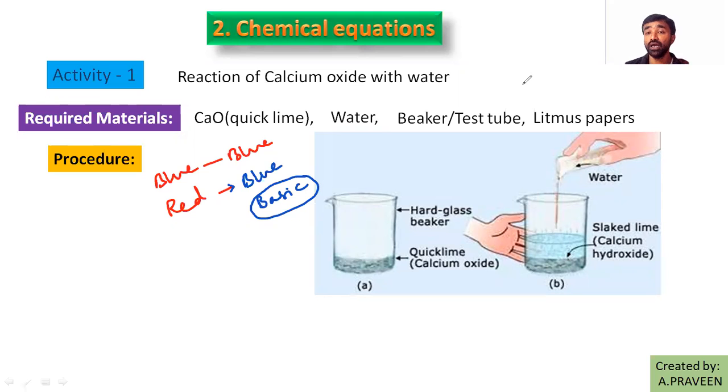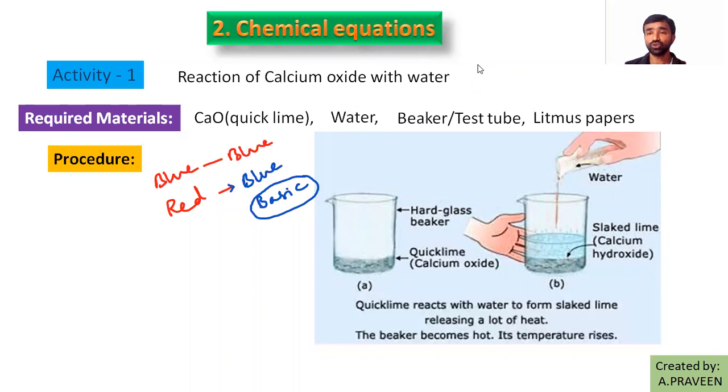So these are the observations we made in this activity. Quicklime reacts with the water to form slaked lime, releasing heat energy. And also we notice that blue litmus paper remains blue only, and red litmus paper turns blue. So the nature adopted by the slaked lime is basic, right?